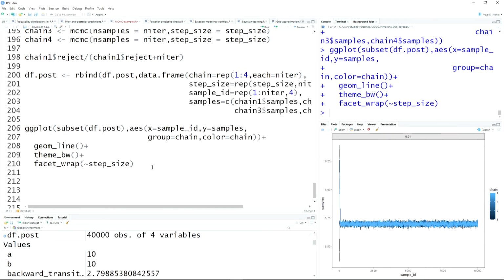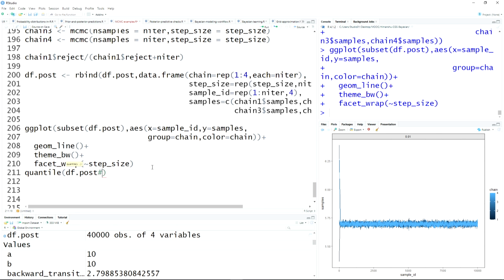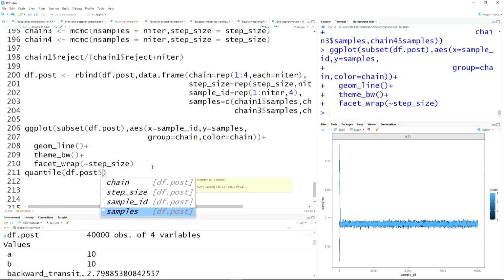You can also visualize the posterior distribution. You can calculate at least the quantile of the posterior distribution. So let me calculate the quantile of df post samples.